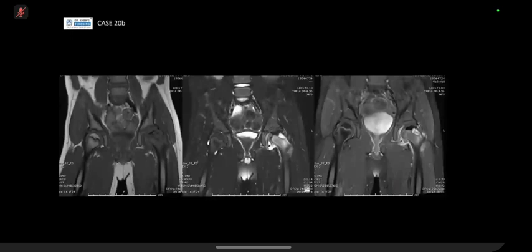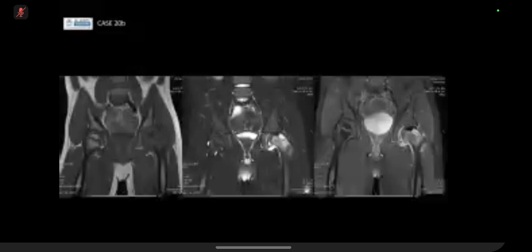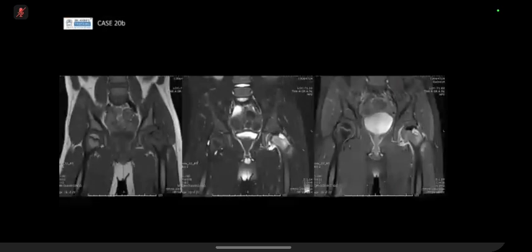On the MR, I see the left femoral head. There is a T2 hyperintense area with surrounding edema. There is also a hypointense line on T1. Are you changing your diagnosis?